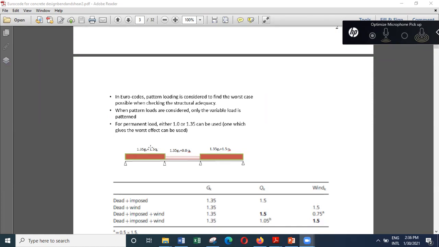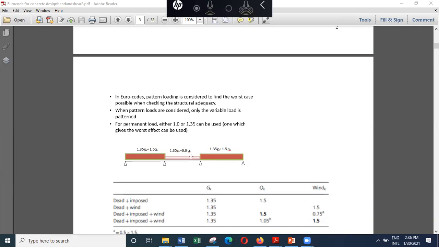But when it comes to the variable load, you can always have no variable load here and the maximum variable load here. That is possible. But when it comes to the permanent actions, if you are using 1.35, considering that this side is loaded minimum and this side is loaded maximum, here you get some hogging moment and so on.